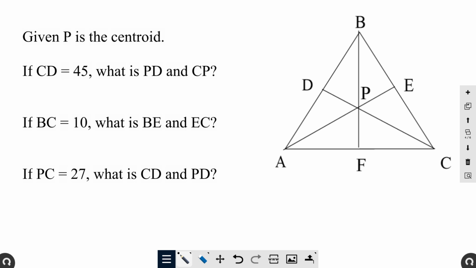While you're writing this down, I'm just going to talk to you real quick about your homework tonight. If you notice up here on the board, your homework is actually a Google form. On that Google form, the majority of the questions are about the points of concurrency or the 4 segments that you can have in a triangle, such as your median, your altitude, and things like that.